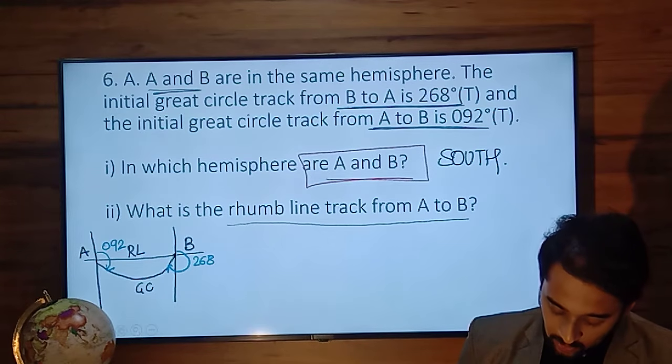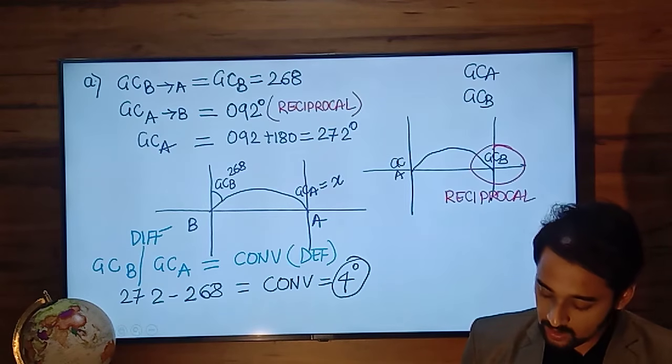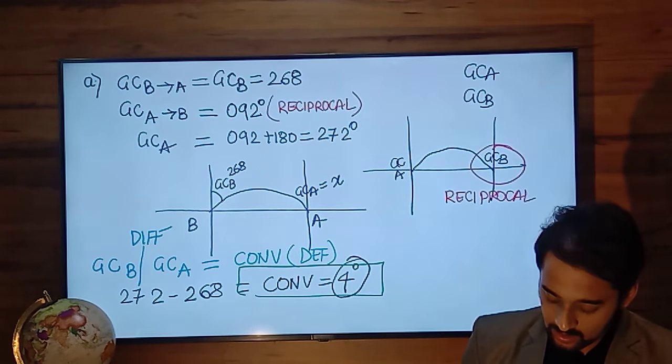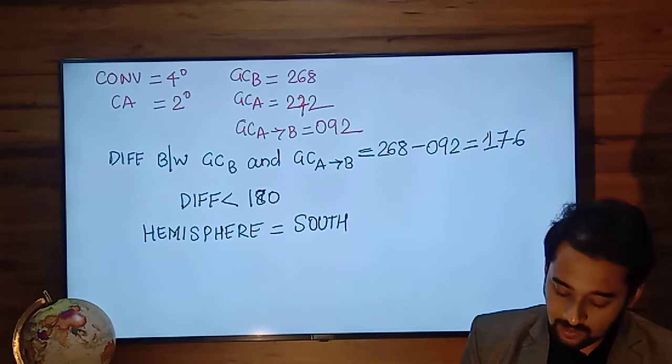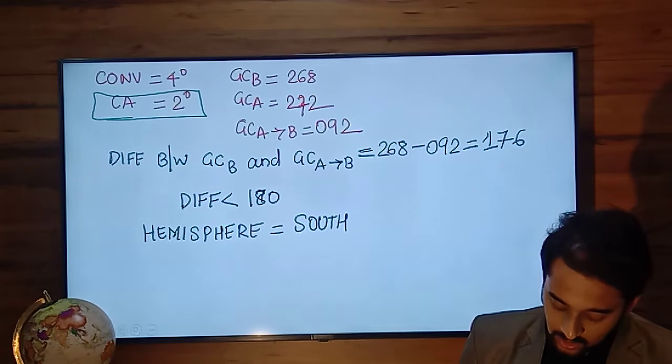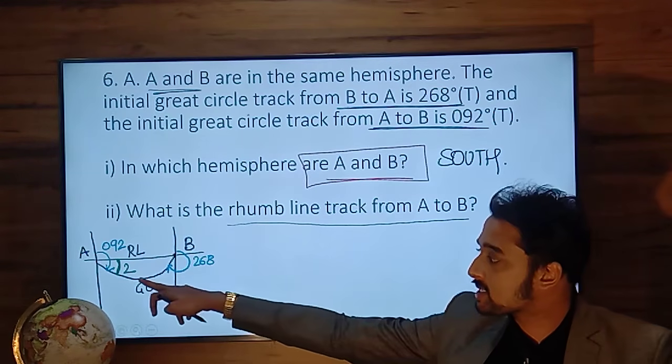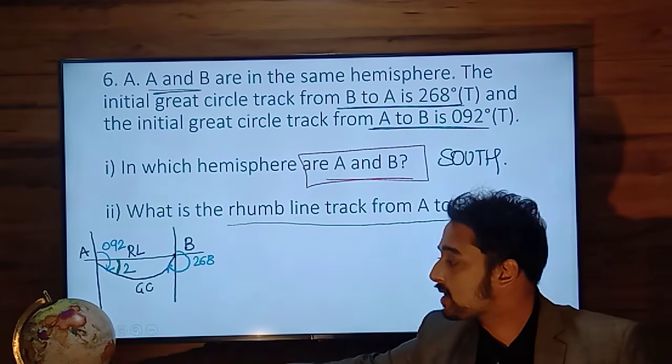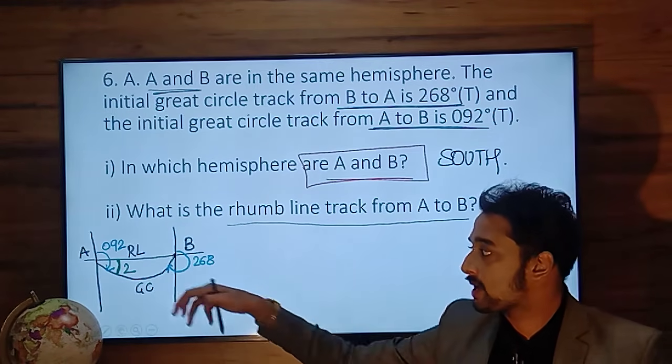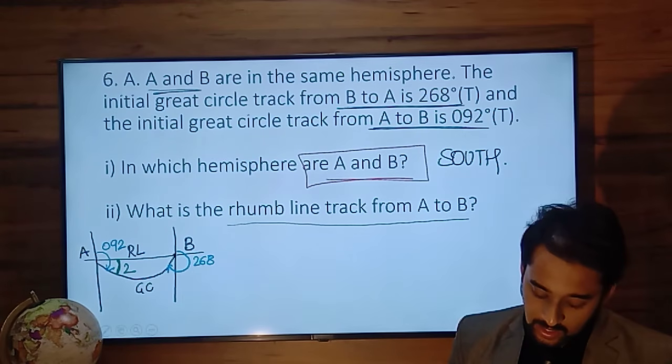Very simple. What is the convergency angle? It is 2 degree. Over here we have found convergency was 4 degree and therefore convergency angle will be 2 degree. So convergency angle is the angle between a great circle and a rhumb line. Between a great circle and a rhumb line. So now great circle at A is 092.